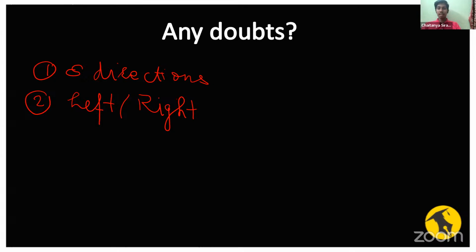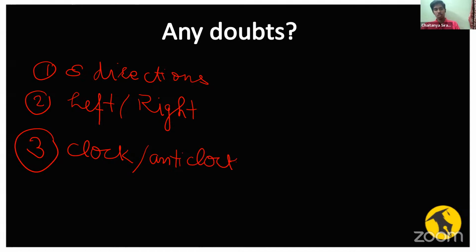So the left and right, I believe, is the trickiest part where you can go wrong. And then we saw clockwise or anti-clockwise rotation. Okay, these were the theory part I can say.